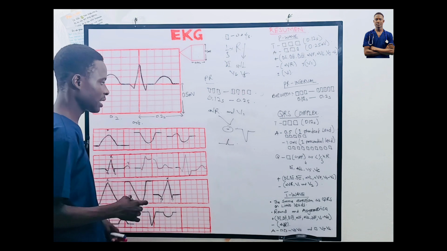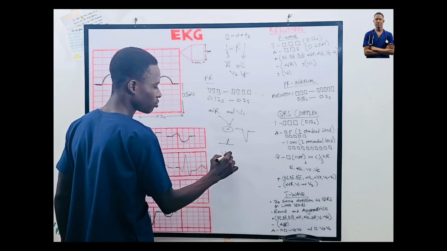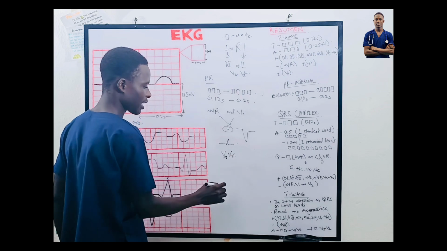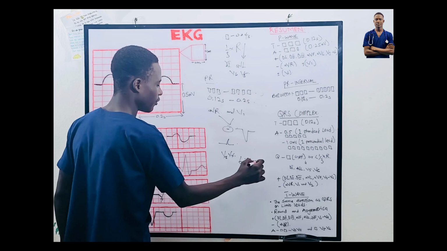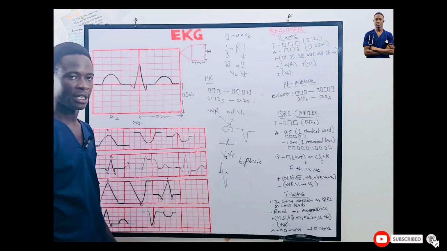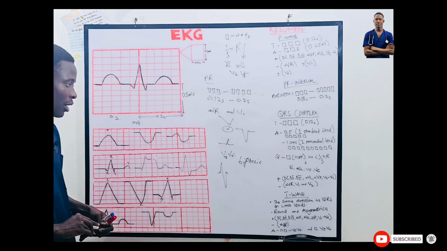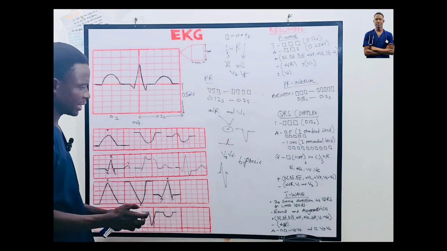So that is that. And for example, V3 and V4, they can be biphasic. You get both a positive and a negative reading. Are you clear with it? Now, that is for the QRS complex.